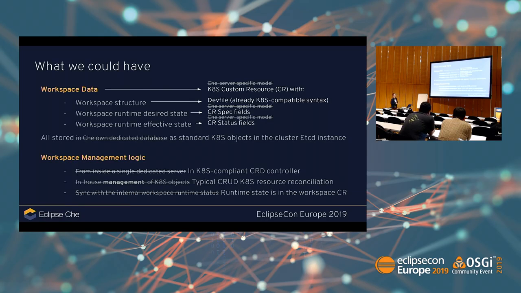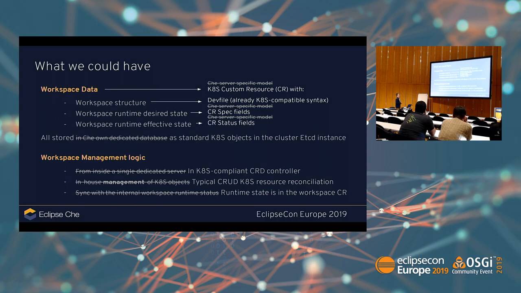And what we could have is everything being custom resources. The Devfile is already Kubernetes-like syntax. And then we could have a Kubernetes resource with the Devfile, the expected state, and the observed state of all this bundled into a custom resource. And of course, then we can store this directly into the Kubernetes cluster's etcd instance, which allows us to drop the Postgres database.